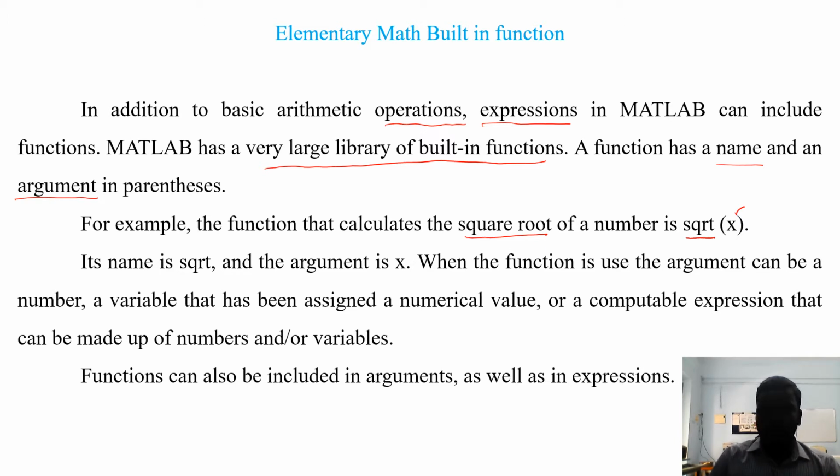For example, if you want to find the square root of 4 using MATLAB, we can use the command window also. After the command prompt symbol, we write sqrt of 4 within the brackets. That sqrt is the name of the function and the 4 is an argument. So after enter, the result is displayed as ans equals 2.